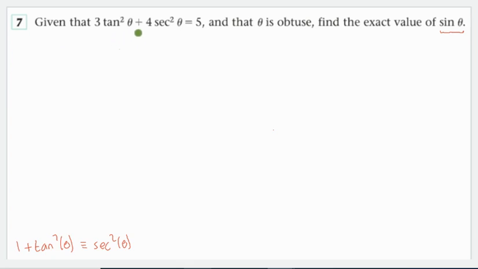So first of all, we need to simplify this. So I have a choice. I can express things in terms of sec squared, or in terms of tan squared. Let's go for sec squared, and I will explain my reasoning after.